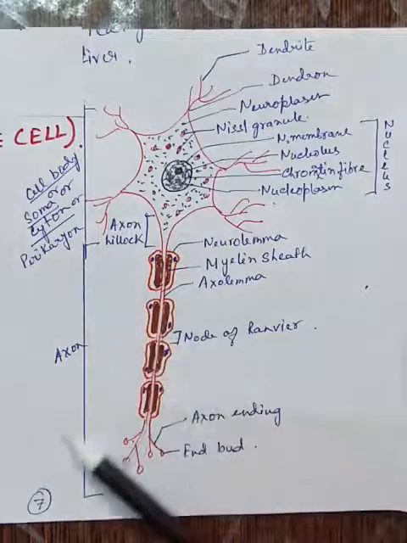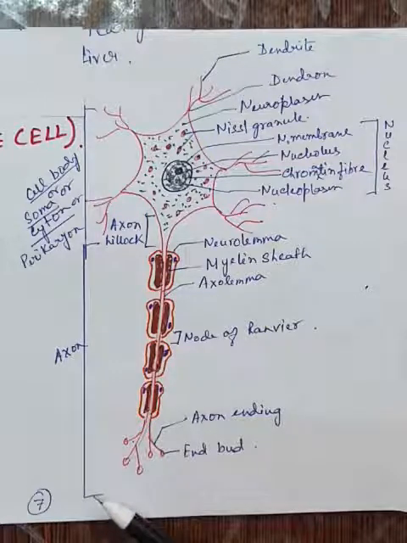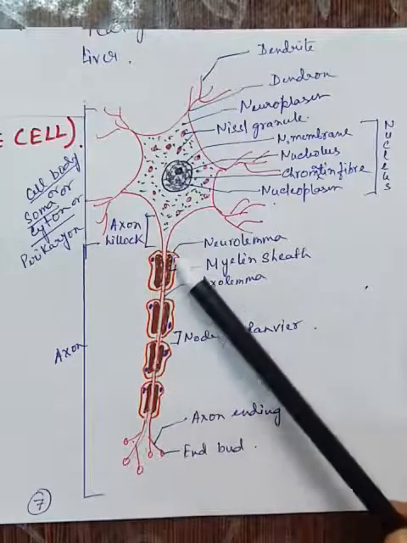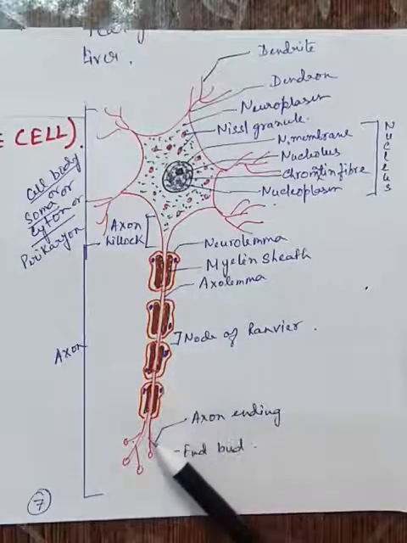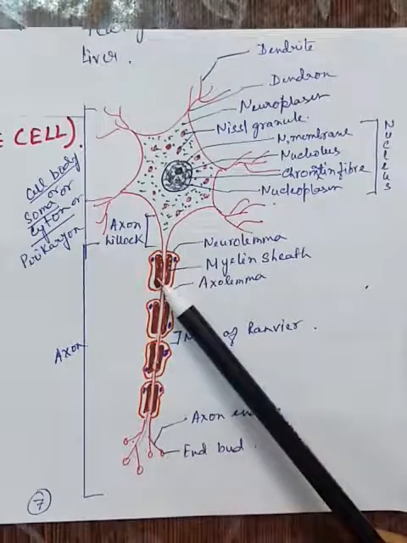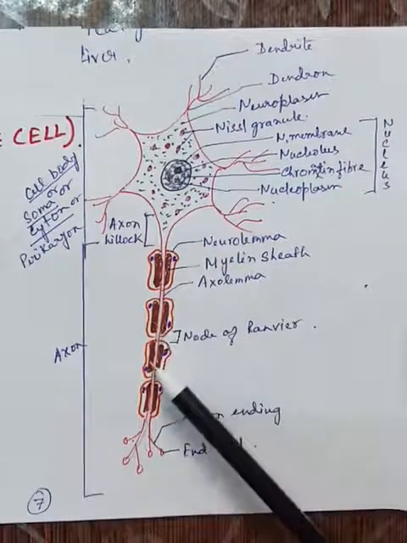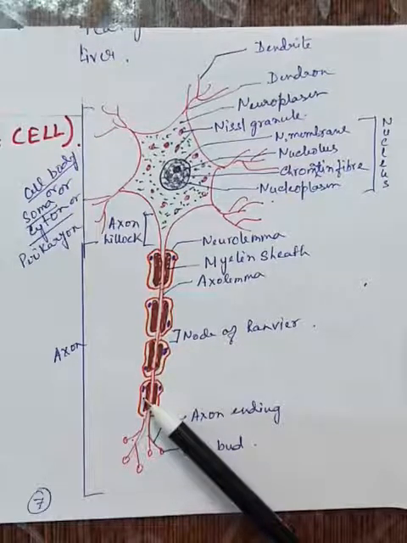The extended part of the neuron, or nerve cell, is called the axon. In the axon part, you can see the continuous red colored membrane, called axolemma. Above that membrane, one dark dense membrane which is not continuous is present.